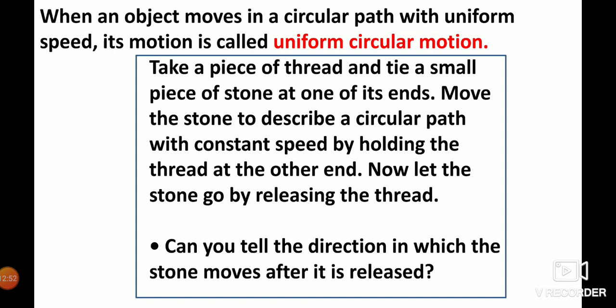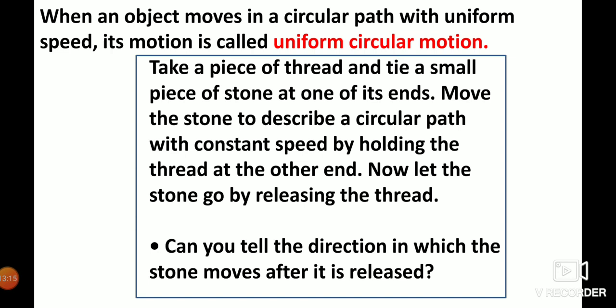Let us take a piece of thread and tie a small piece of stone at one of its ends. Now you try to move the stone to describe a circular path with a constant speed by holding the thread in your hand. Now let the stone go by releasing the thread. Can you tell the direction in which the stone is moving?